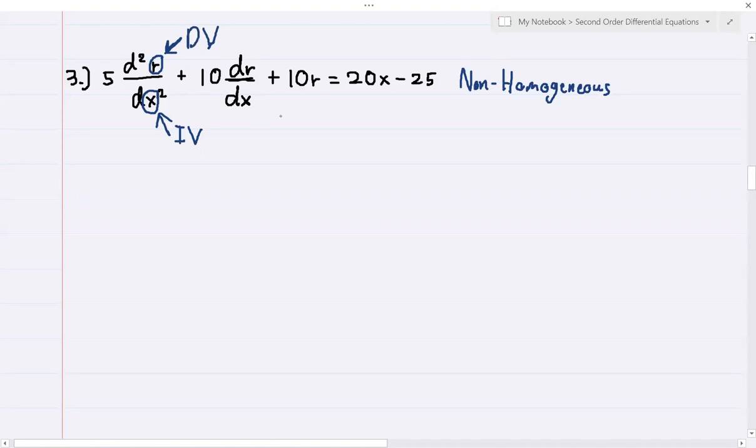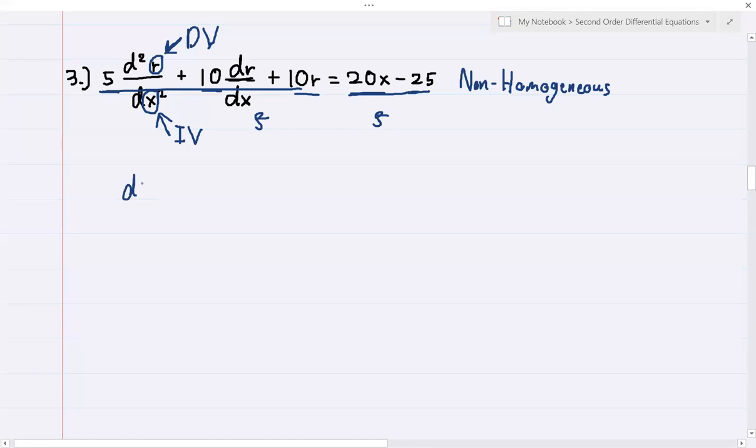But before that, we can simplify this equation. Remember, take a look. We have 5, 10, 10, 20x, and negative 25. I'm sorry, all of the terms here are divisible by 5. So we can divide both sides by 5.